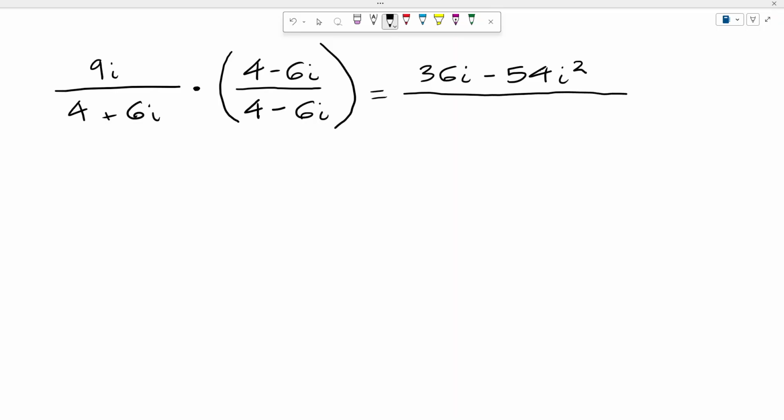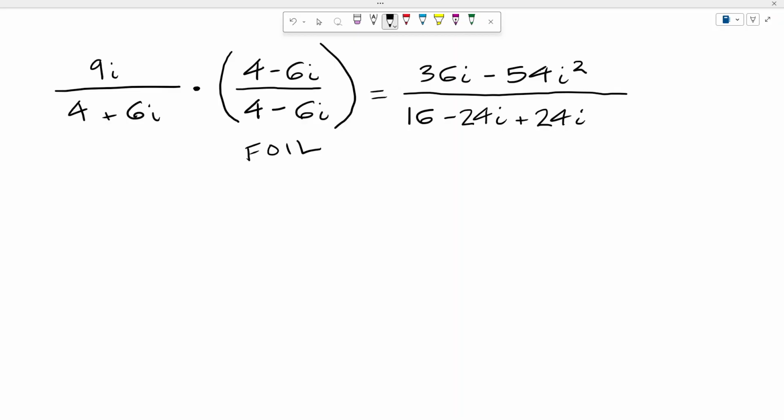And now on the bottom, we're going to have to do some FOILing again. So start with the first terms. We have 4 times 4, so that's 16. And then outer, we have 4 times negative 6i, so that'll be negative 24i. And then inner, we have 6i times 4, so that'll be positive 24i.